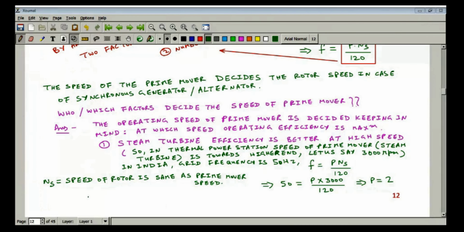So let us write: for high speed application, cylindrical rotor construction is more suitable.